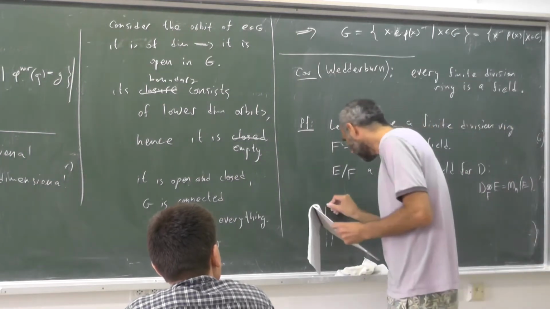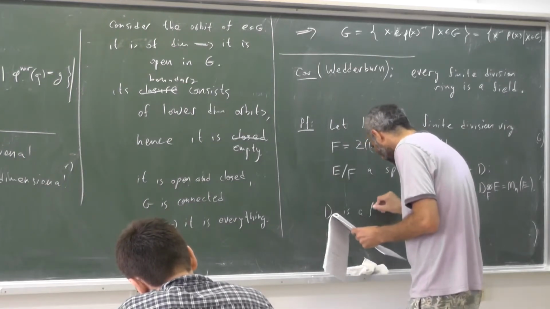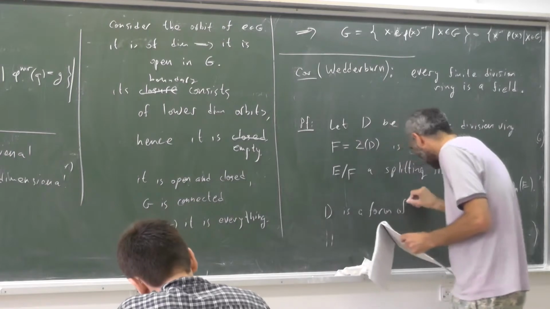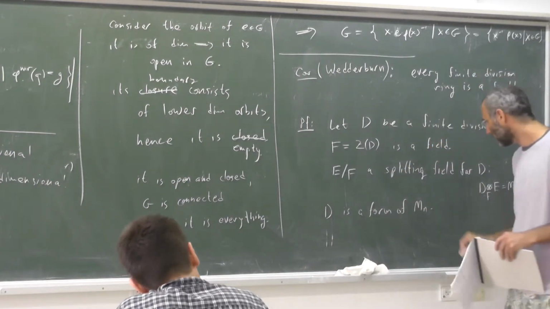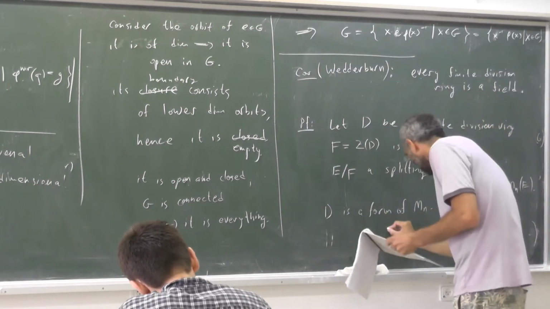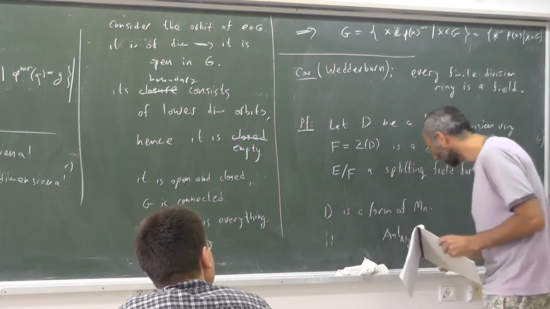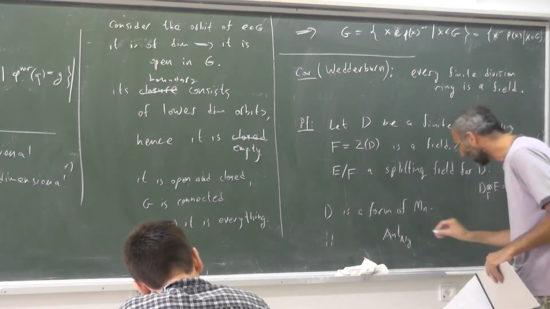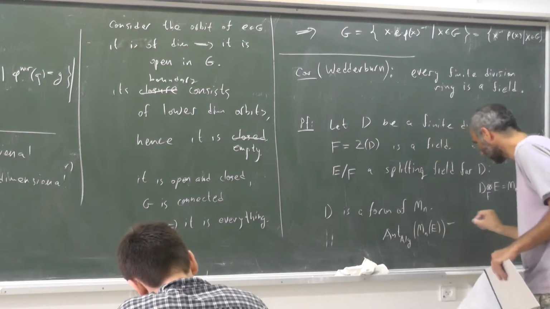So this means that D is a form of M_n. Now, I'm thinking of algebras. What is the automorphism group as an algebra of M_n over E?